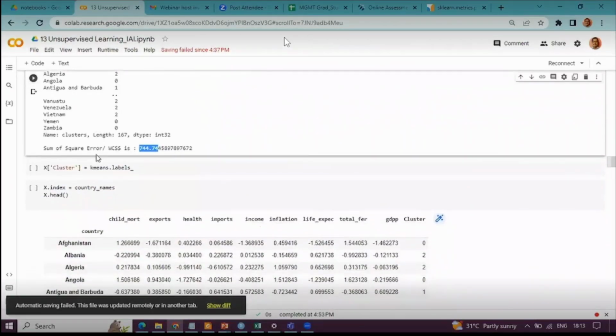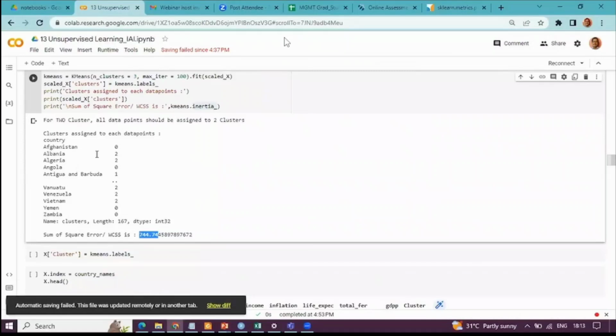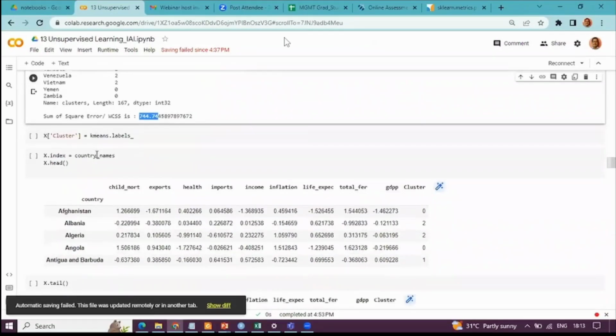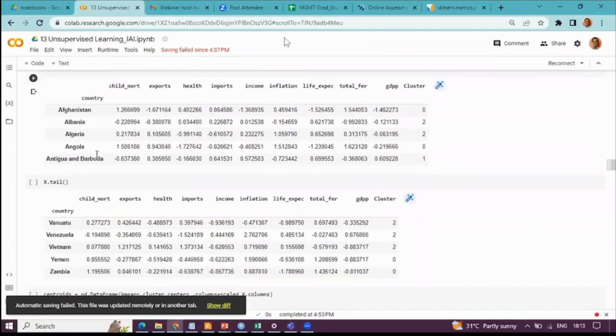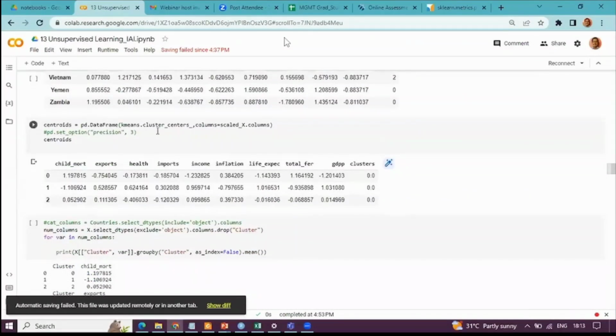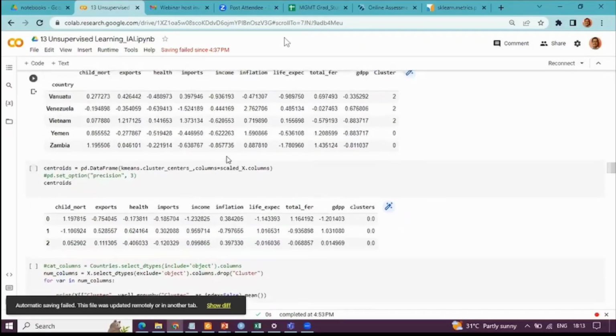But the more important dimension here is, how do I define each of these clusters? Now, what are we saying? There are so many elements that are a part of cluster 0, so many elements that are a part of cluster 1, and so many observations that are a part of cluster 2.